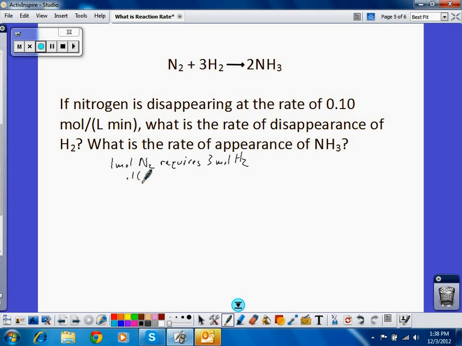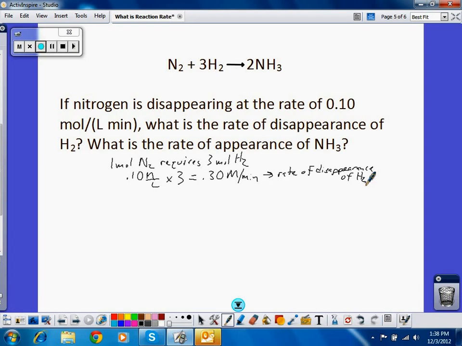So if I'm chugging along at 0.1 moles per liter per minute, if I multiply that by 3, that tells me that the rate of disappearance of H2 is 0.3 moles per liter per minute. Because of that 3-to-1 ratio.